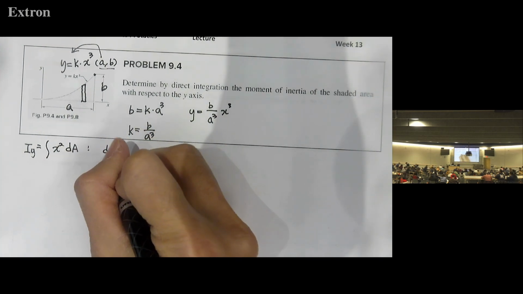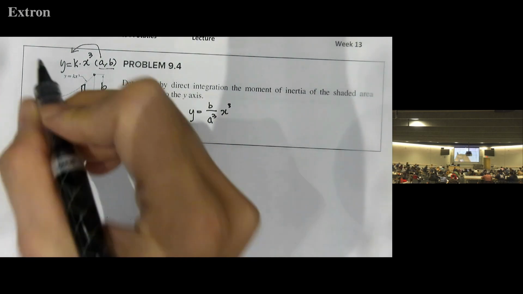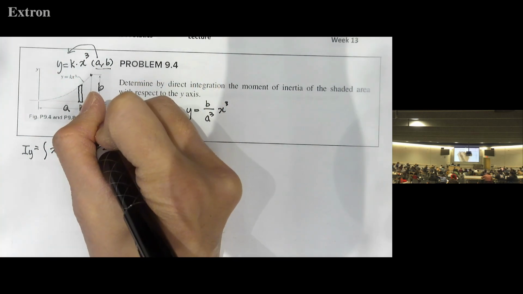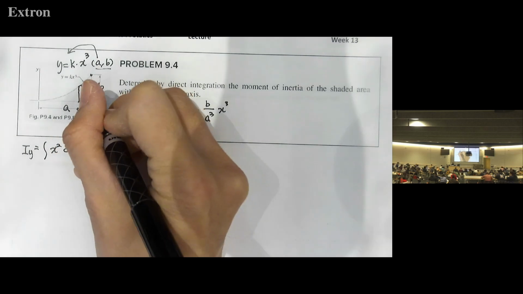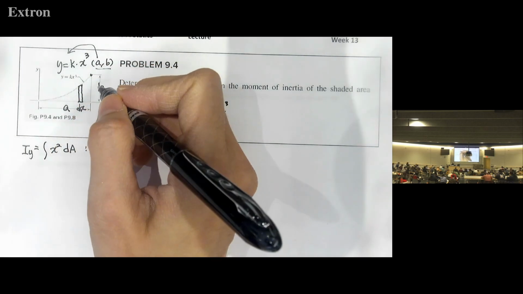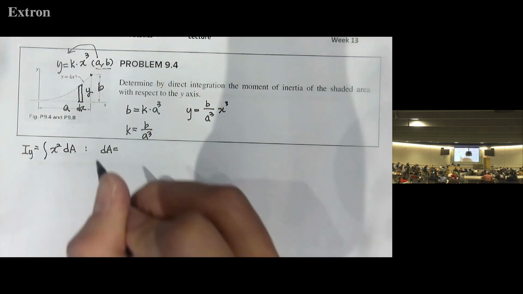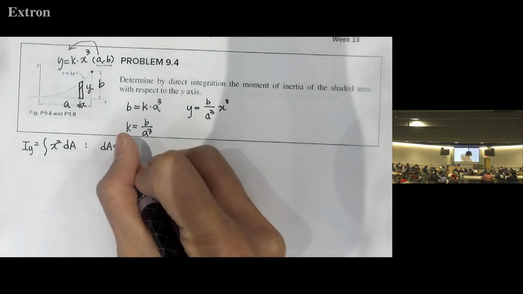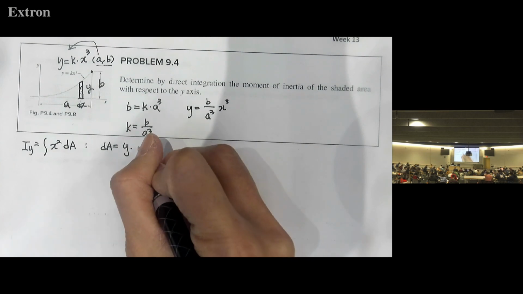And then dA is area of this strip. And because we cut in vertical direction, the base should be dx. And then height should be y. Right? And then dA, so area under this rectangle should be y times dx.